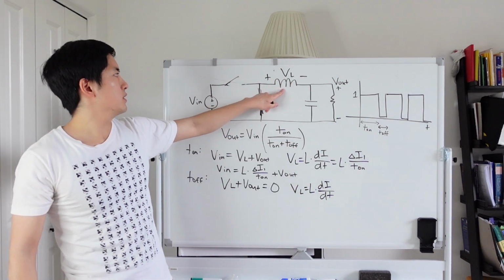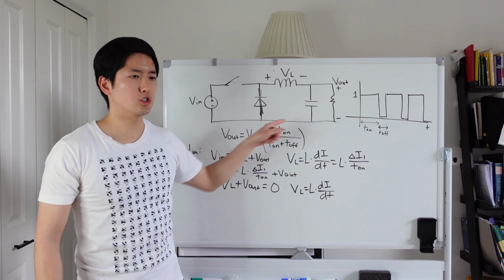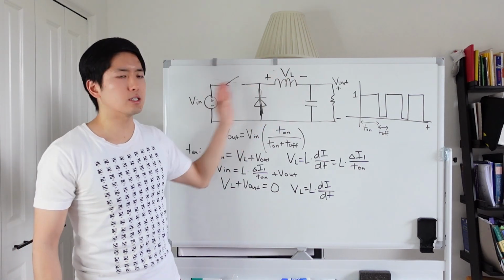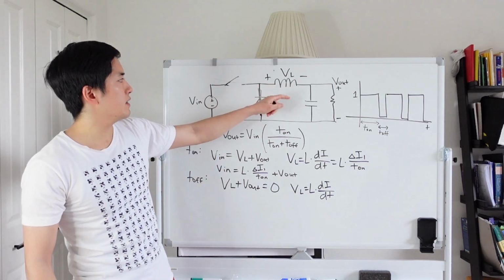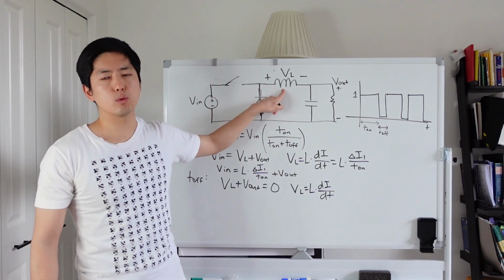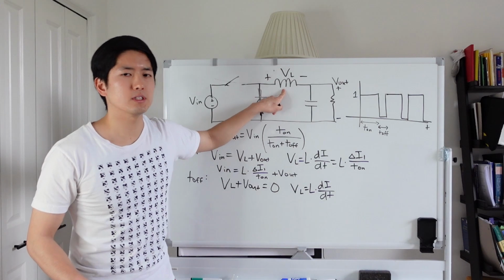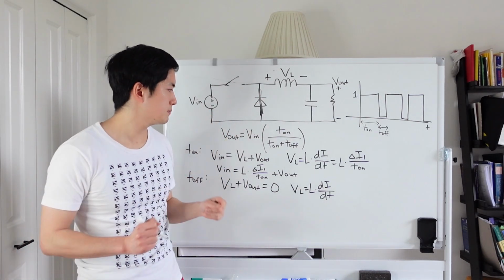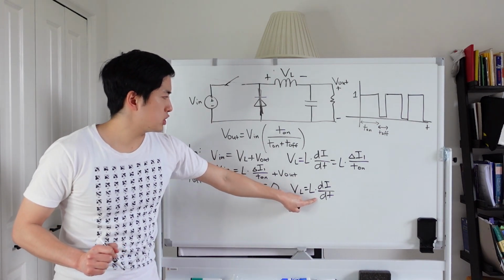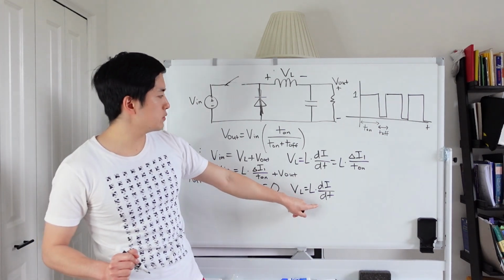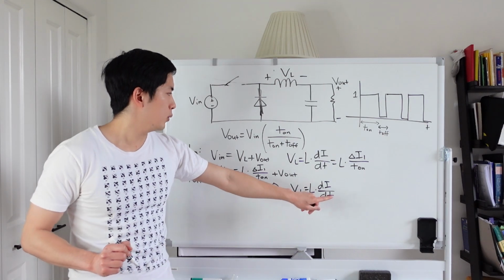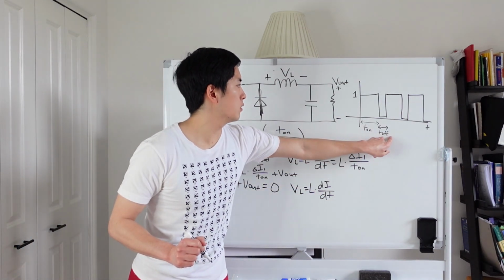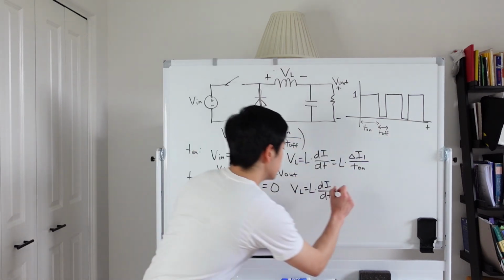Now because this inductor is functioning now as a current source, and there is no V-in connected to it supplying the current, it's likely that the current running through this inductor will slowly decrease, even though the inductor itself will resist that change. But looking at this equation here, we will do the same thing we did here, where we can substitute for dt with the time interval t off.